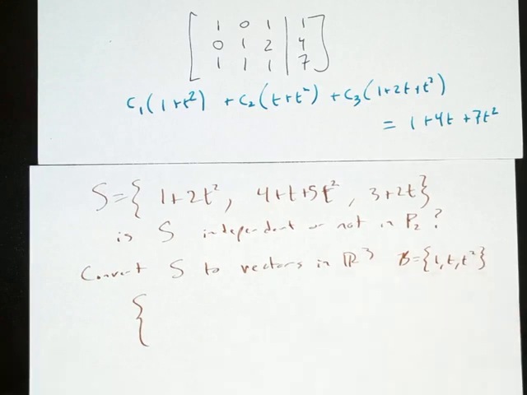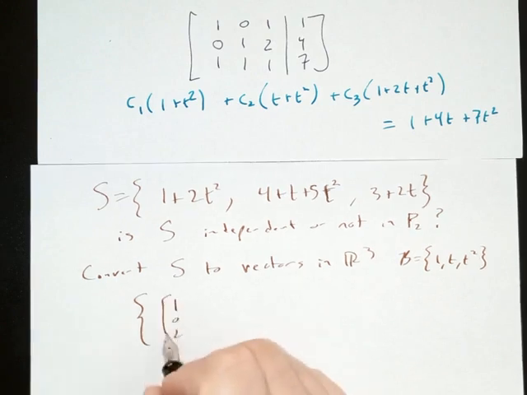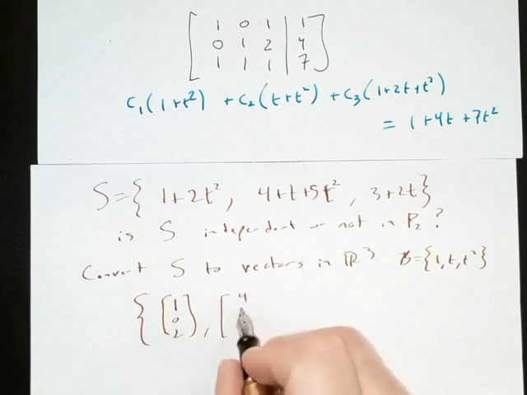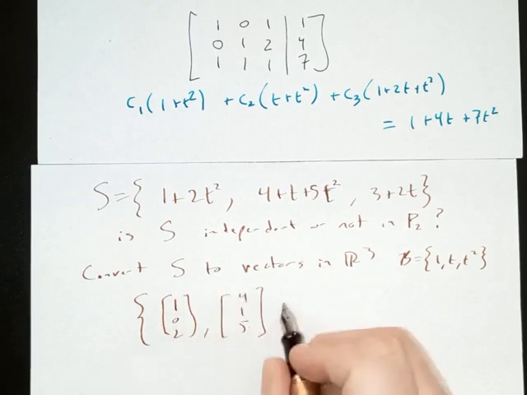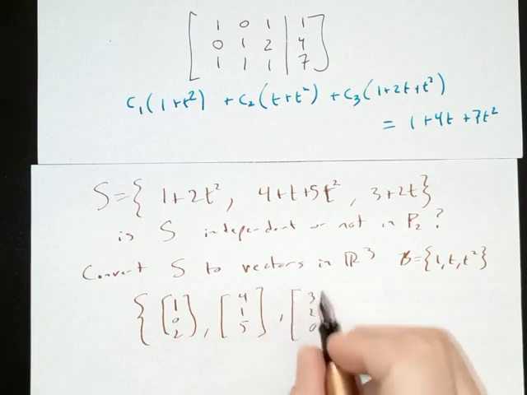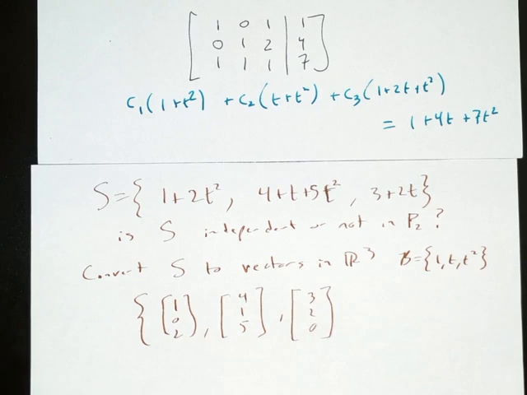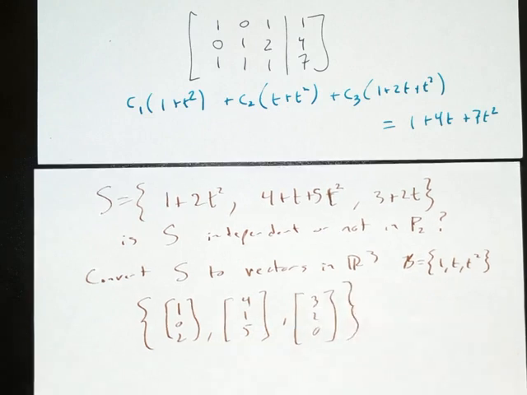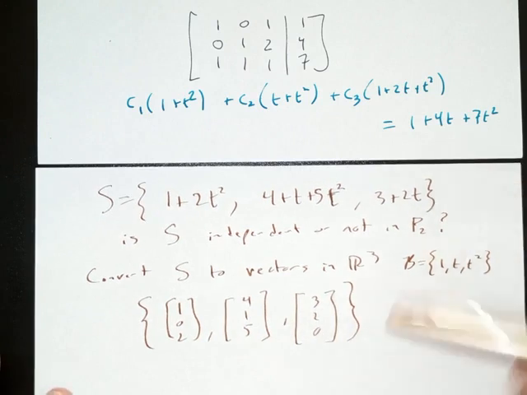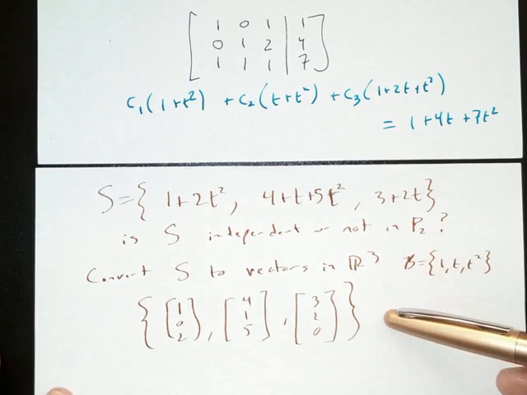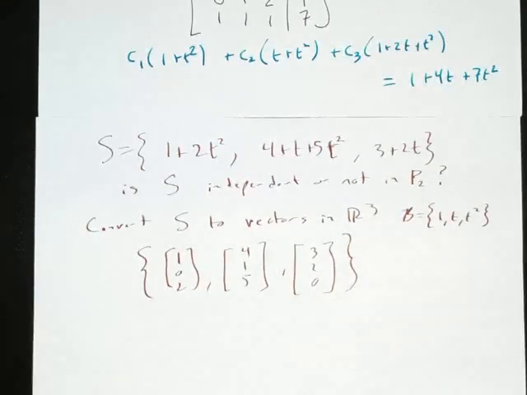Again, I'm assuming that I'm going to use my standard basis for that: 1, t, t squared. What are these as vectors? And so what I'm really asking, instead of asking if these are independent, I can ask, are these independent? How do you figure out if those three columns are independent?